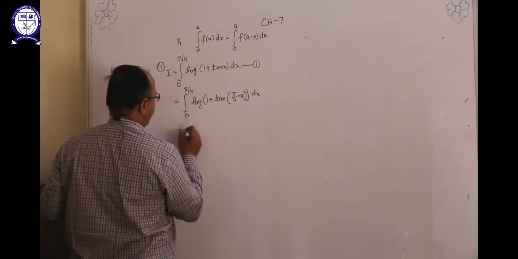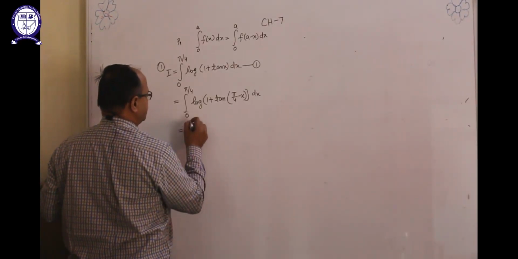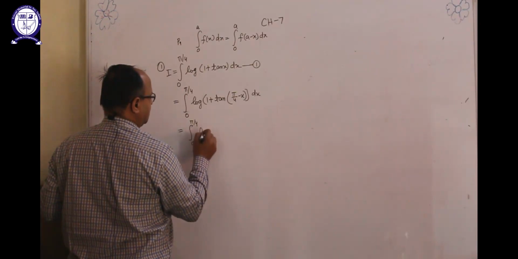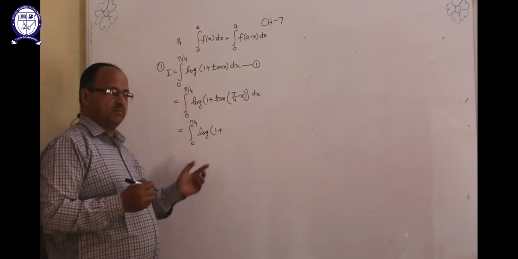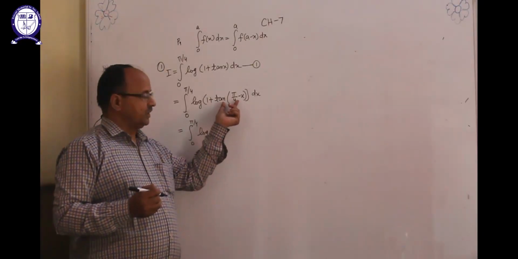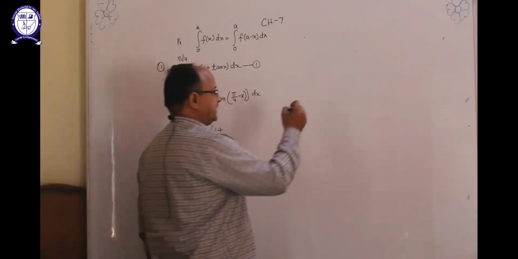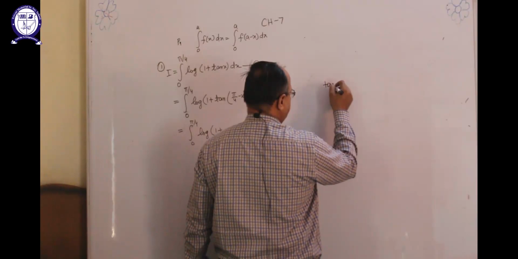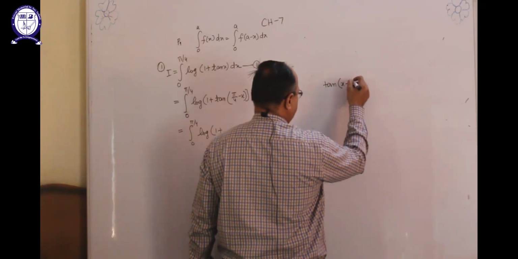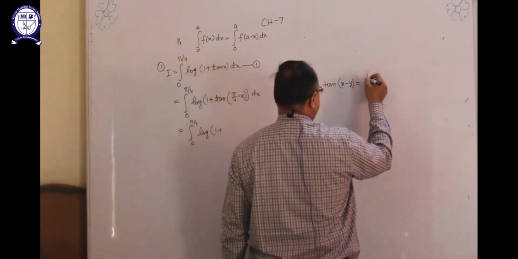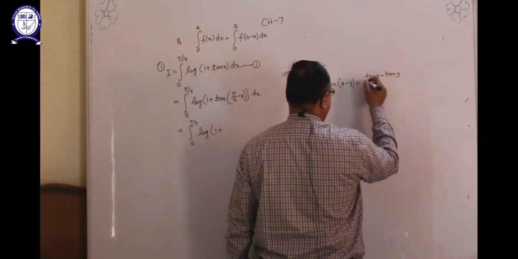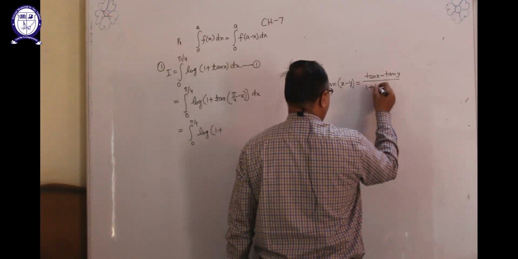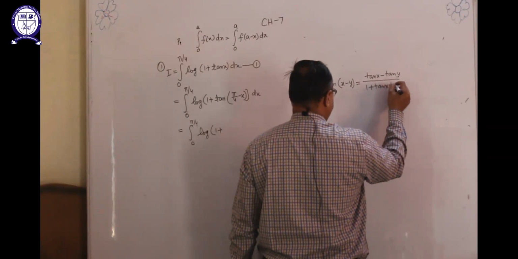Now, integration 0 to pi by 4 of log of 1 plus, this is the formula. You can use a very important identity, the tan x minus y formula: tan x minus tan y upon 1 plus tan x tan y.